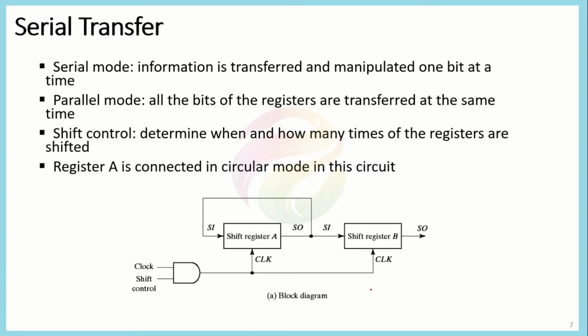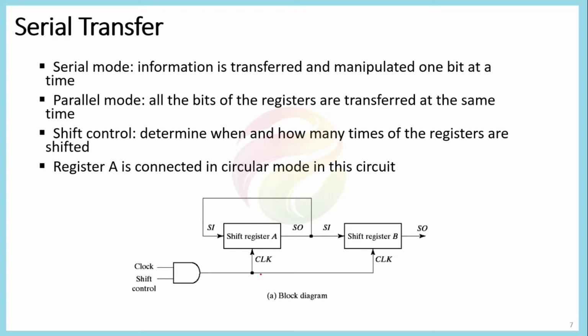Basically, what we are doing here is connecting or communicating two separate devices, and we are transferring data from one device to another. Both of them have a shift register. This is shift register A representing, say, device A, while this is shift register B representing device B. Both are operated from the same clock signal.